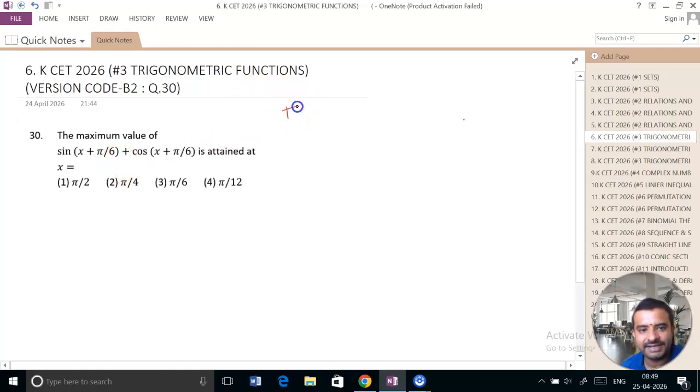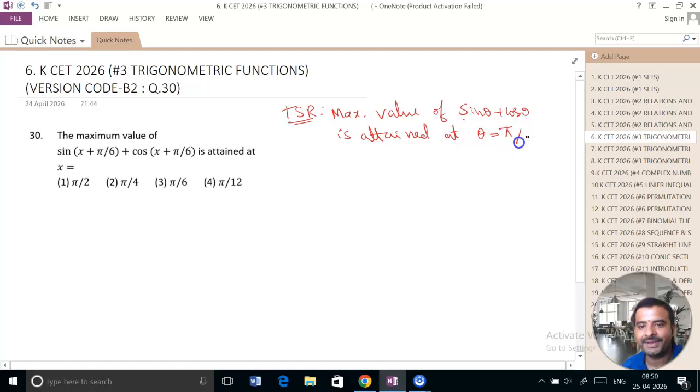So here the time saving result is: the maximum value of sine theta plus cos theta is attained at, please remember, theta is equal to pi by 4.